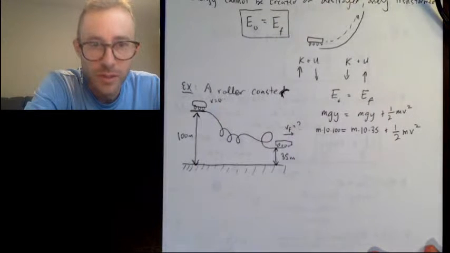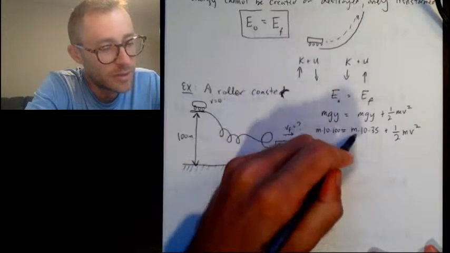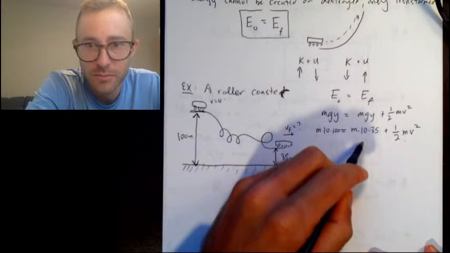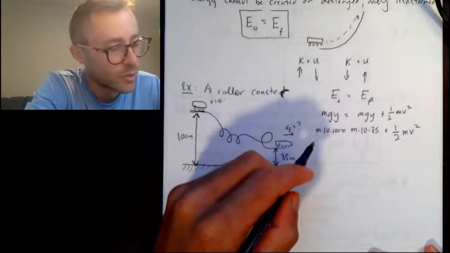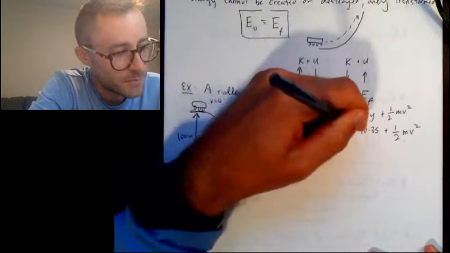So one of the things we can see here is that each term in this equation has mass. So the mass cancels out.